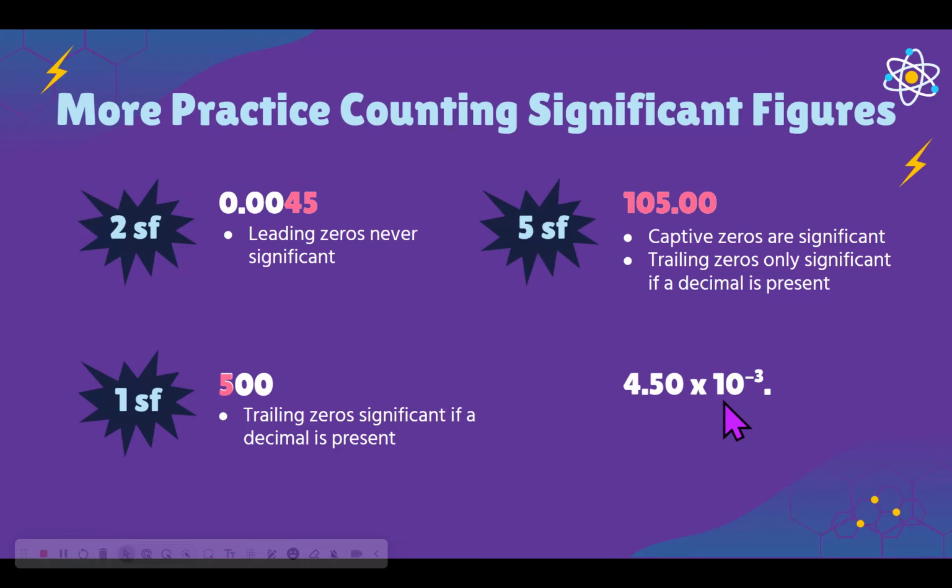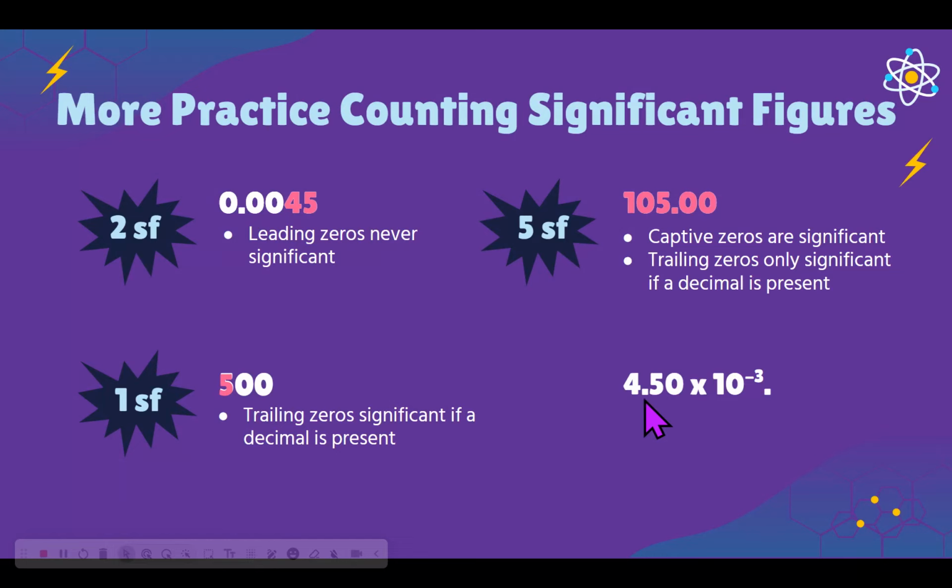One more, and this number you'll notice is written in scientific notation, okay? And we will use scientific notation frequently, so it's important to know how to count our sig figs when we see a number like this. But if you look, what we're going to do is we're just going to look at the base. We're going to ignore the exponent part.